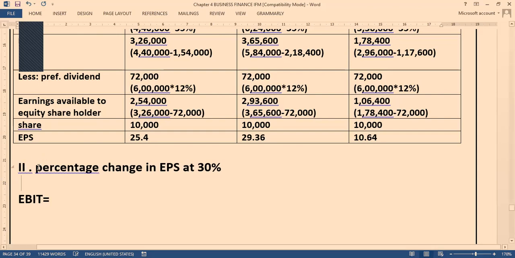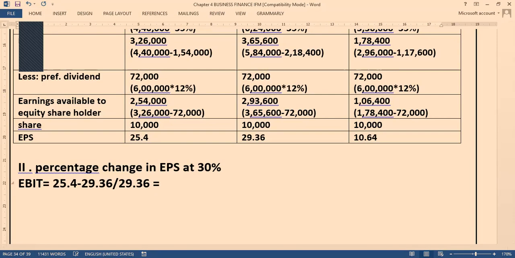First, let us focus on the percentage change. The EPS we got is an increase. That means here, 25.4 minus 29.36, all divided by 29.36, will give the percentage change.